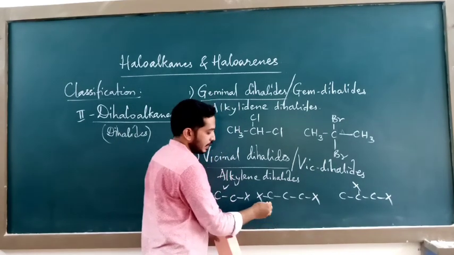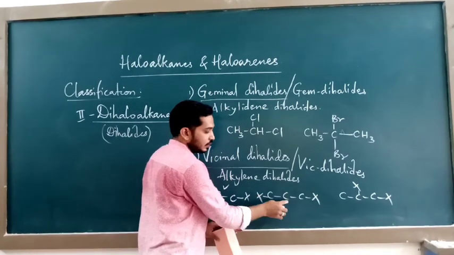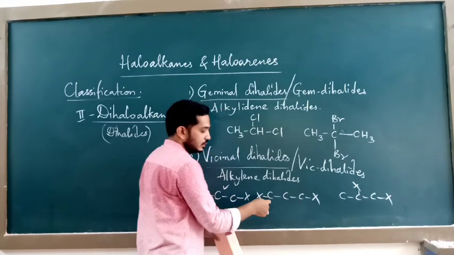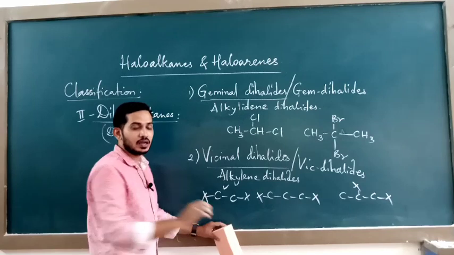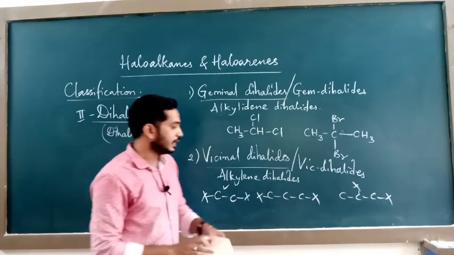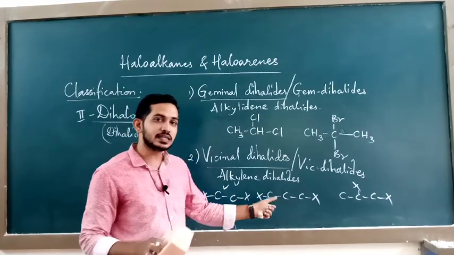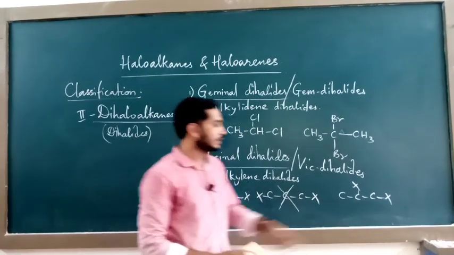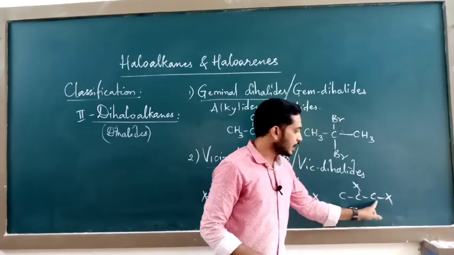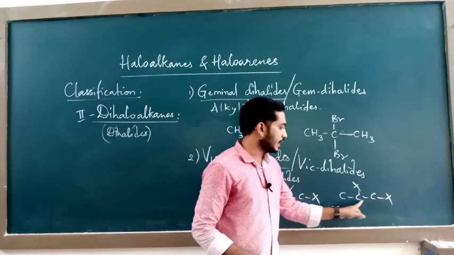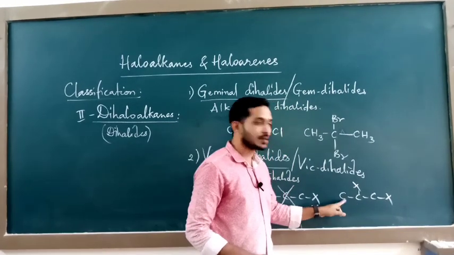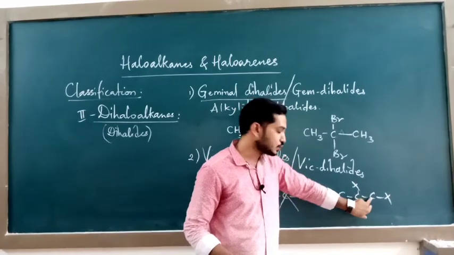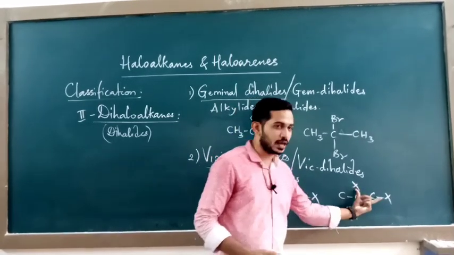In this example, halogen is attached to first carbon, second carbon does not have any halogen, third carbon has. Means this is simply a dihaloalkane but not vicinal because it does not satisfy the adjacent carbon condition. So it is not a vicinal. The third one, here one carbon contains halogen, the next carbon contains halogen, third carbon does not contain. Means these two are adjacent carbon atoms and these two adjacent carbon atoms contain two halogens.